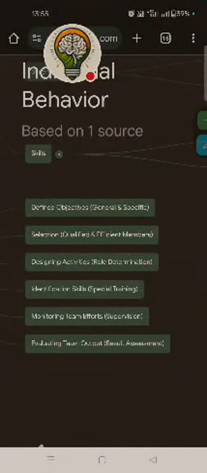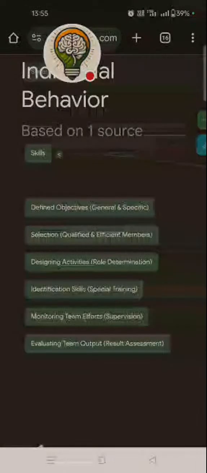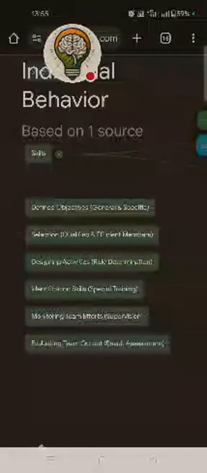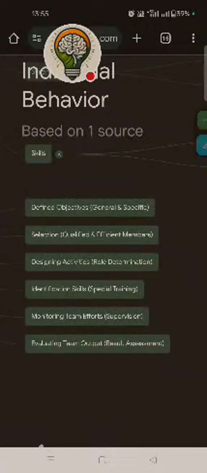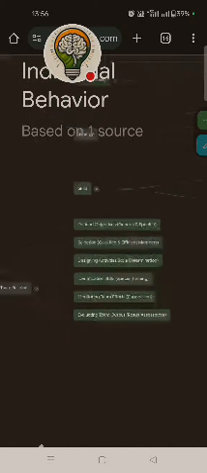So the steps are define, selection, design, and so on.